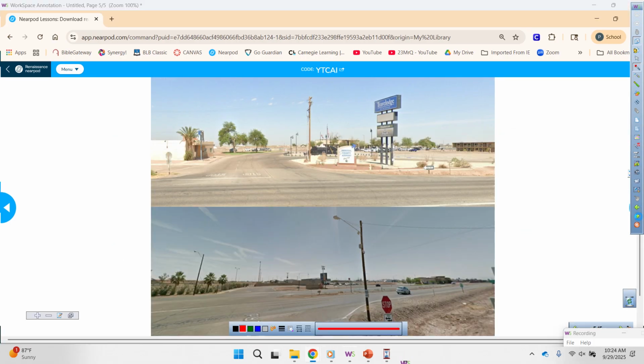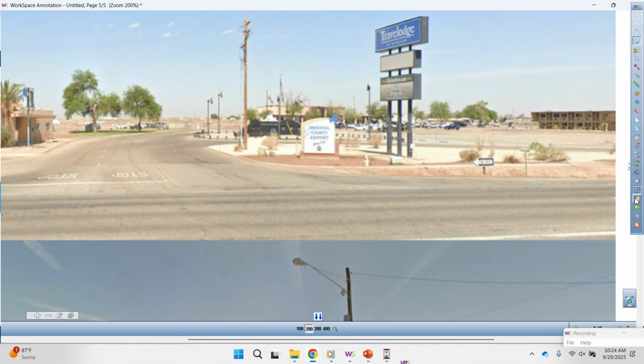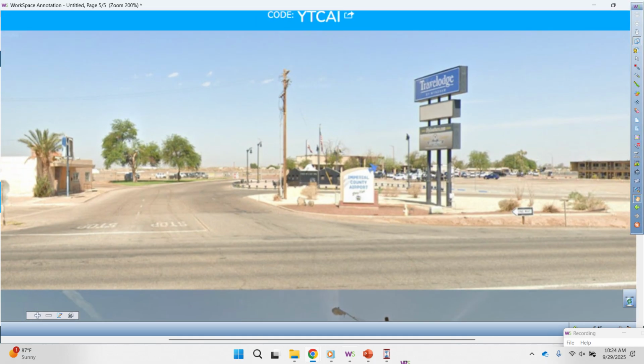Mr. Q one day said, you know what? Here goes an observational study. I said, I wonder how many people speed through this section. What is the speed limit, everyone? 45. Okay.